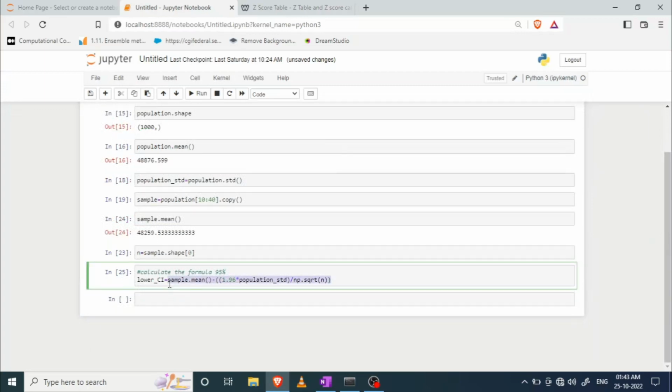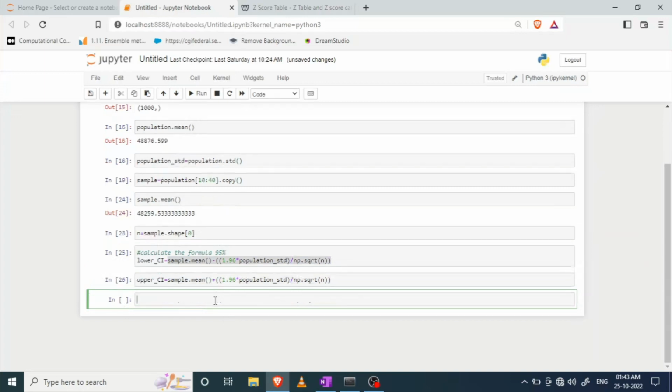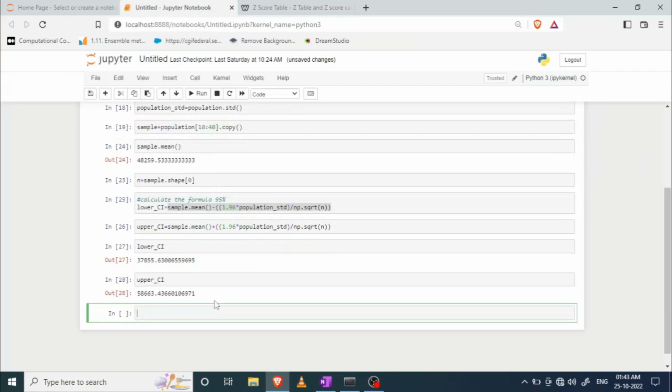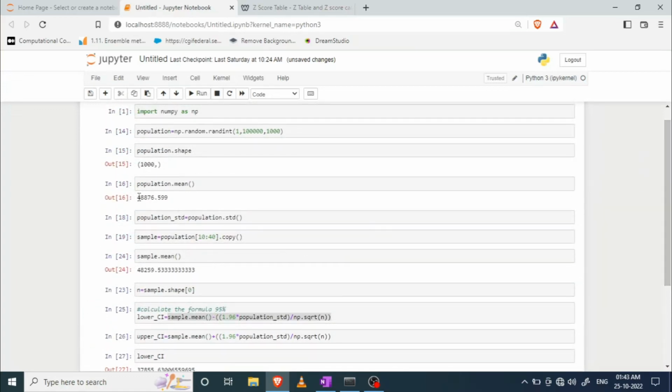Right, so I'm going to see the CI. As you can see here, this is the lower_ci, and this is the upper_ci. So as you can see here, we have two values, 37885 and 58663, whereas the population mean we have is 48876, right?